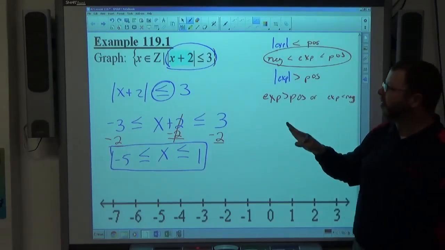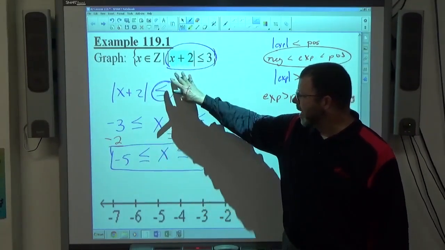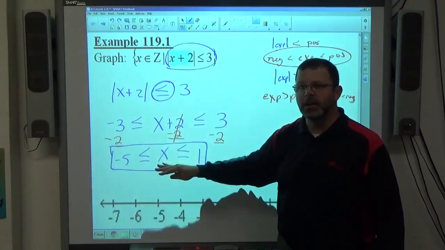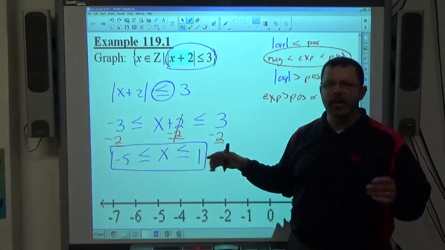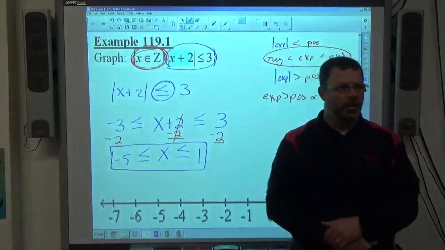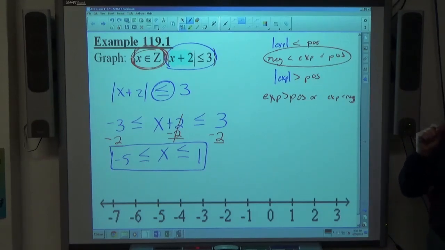So once I've gotten all this taken care of, I took the inequality structure, simplified it down, got rid of the absolute value bars legally, made x in the middle legally, and I got my answer. Now I have to graph my answer. Now is when the domain matters. The set of integers: the way we graph integers is closed circles on every single true answer.